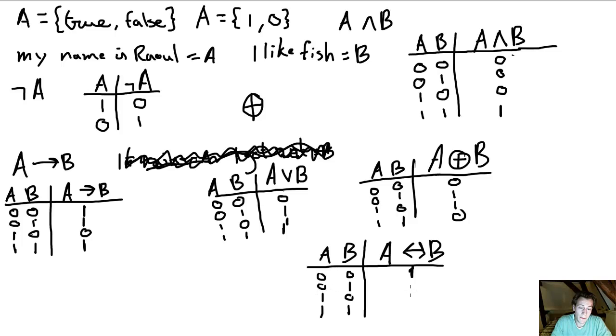So, in this example, it's false because I like fish over here, but my name isn't Raoul, so it's false. And my name is Raoul over here, but I don't like fish, so it's false because if and only if my name is Raoul, then I like fish. So my name is Raoul if and only if I like fish.